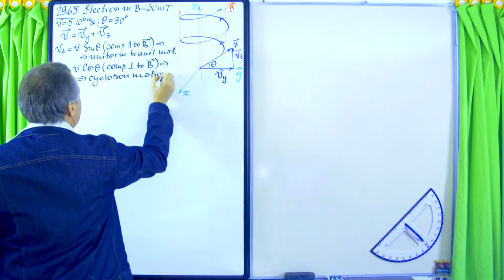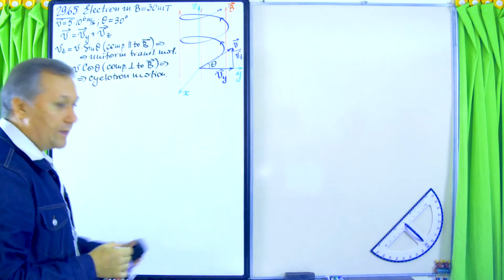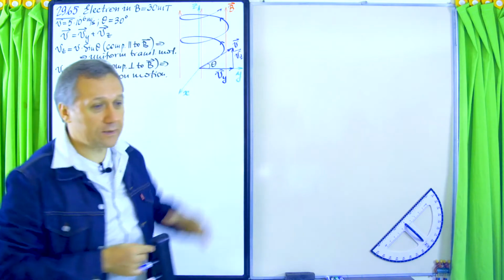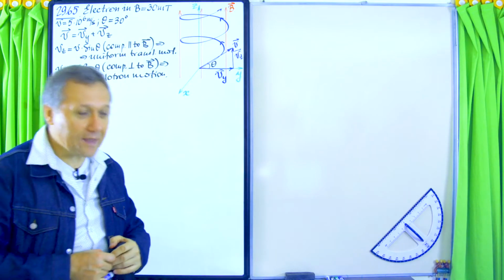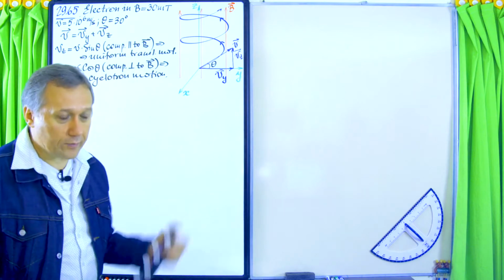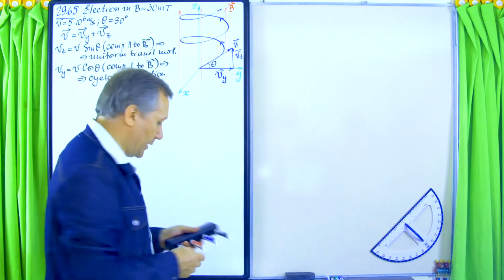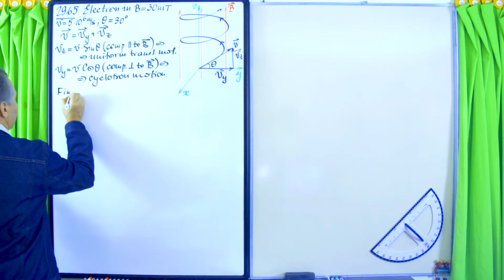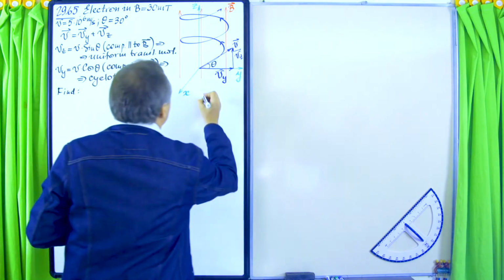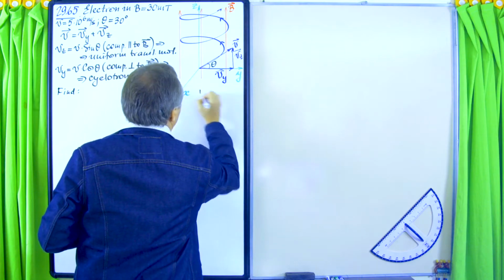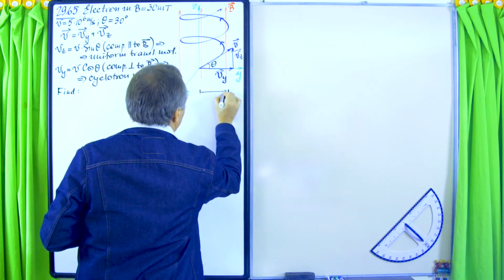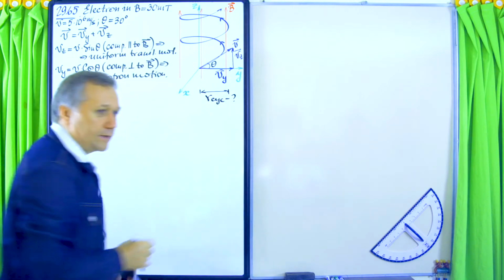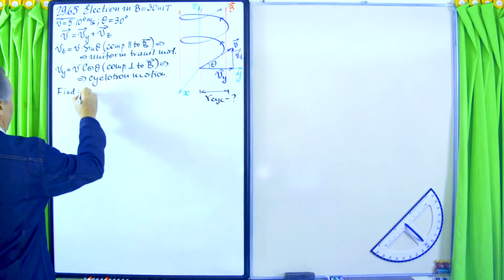If you superimpose these two motions, you're going to get this helical motion. And now, finally, after discussing this, we're ready to write what needs to be found. We need to find the cyclotron radius, R sub cyc.